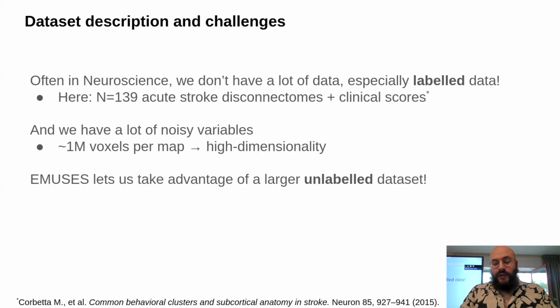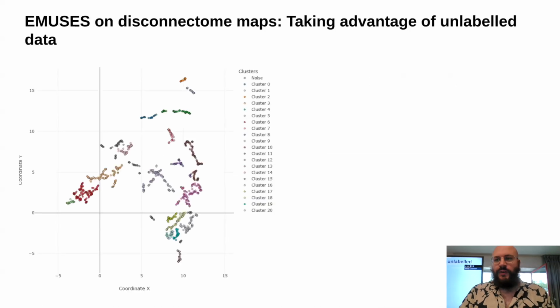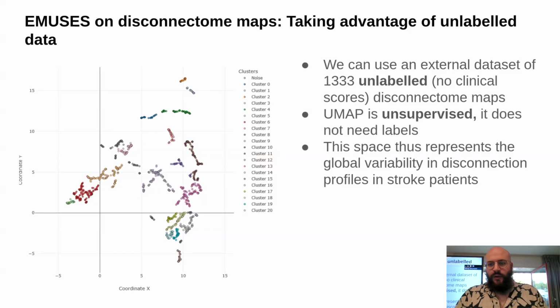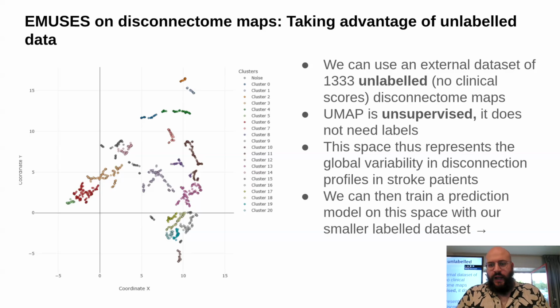But with emuses, we can take advantage of unlabeled data. Same with the disconnectome symptom discoverer. We first model the variability in this disconnectome dataset. And then there is also the clustering. So as I explained, that's the data of the DSD.